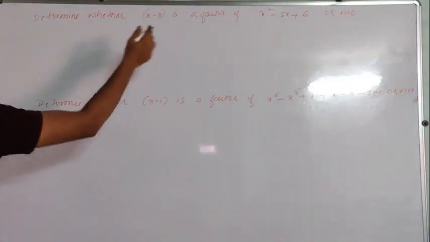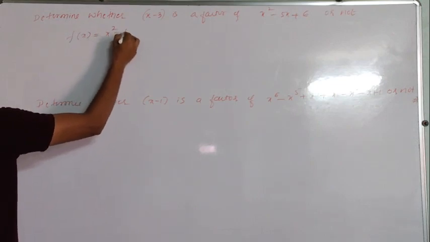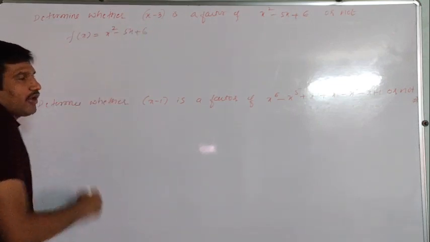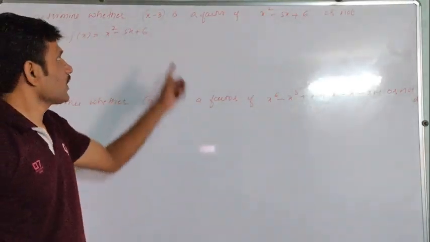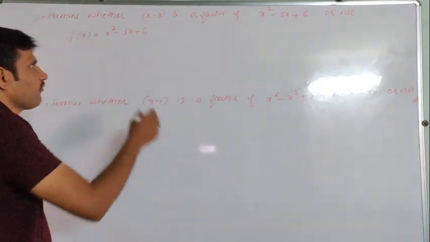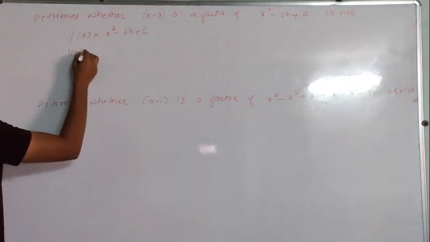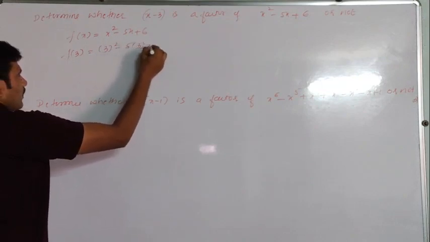So first we'll take that f of x. What is f of x? x square minus 5x plus 6. Now we have to check whether x minus 3 is a factor of that polynomial. So x minus 3 means what? We have to put f of 3. Find f of 3. So f of 3 is equal to 3 square minus 5 into 3 plus 6.